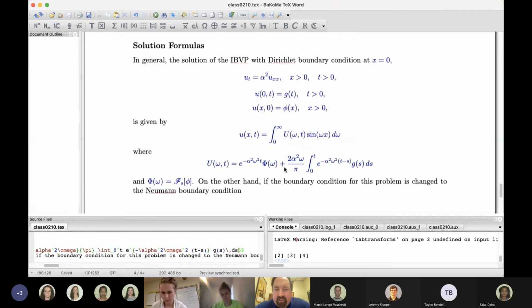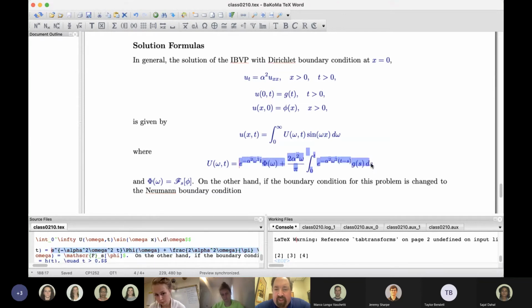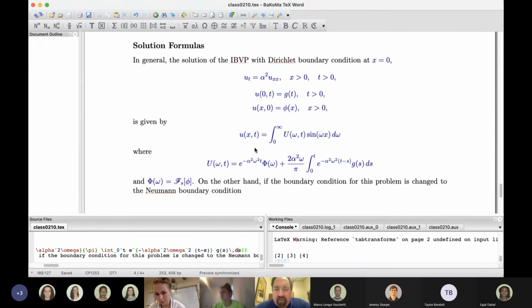And then, if possible, try to work out what this inverse transform is. But basically, you can take all of this and substitute it in here. So if you can inverse transform each of these terms individually and add them together, then you have your solution little u of x,t. Now, how much you can do that depends on what these functions phi of omega and g of s are.